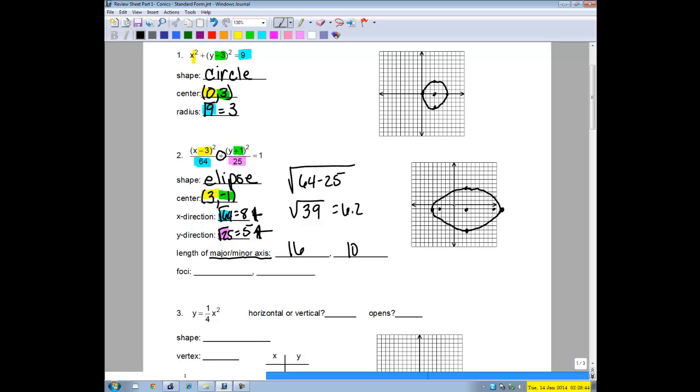So this point right here is at negative 1, 2, 3.2, and down 1, so negative 1. And this one is at positive 1, 2, 3, 4, 5, 6, 7, 8, 9.2, and negative 1.